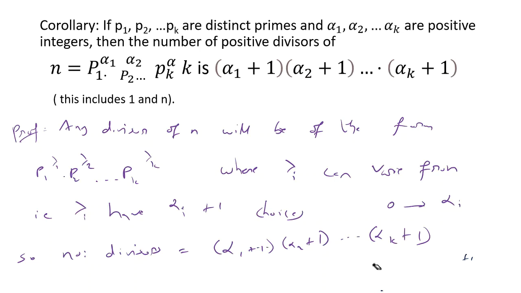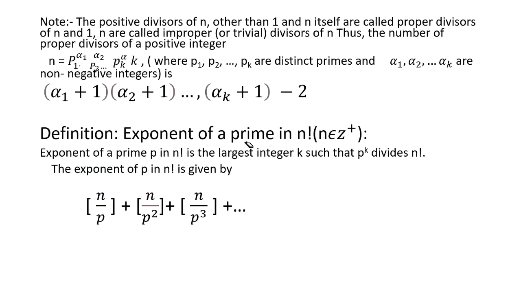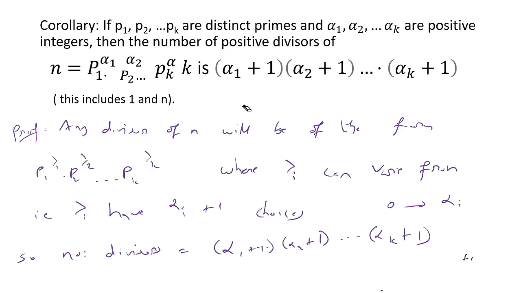Now if I want proper divisors, in the sense without including 1 and itself, that means minus 2. The number of proper divisors of n is going to be alpha 1 plus 1 times alpha 2 plus 1 and so on up to alpha k plus 1, minus 2, because we are excluding 1 and n itself. Therefore the number of proper divisors is this one, and the number of divisors is this one.